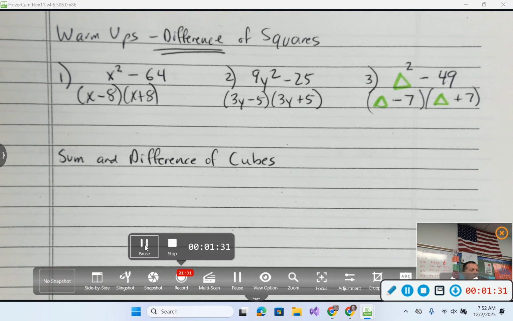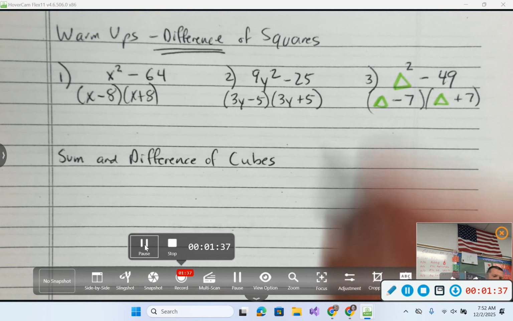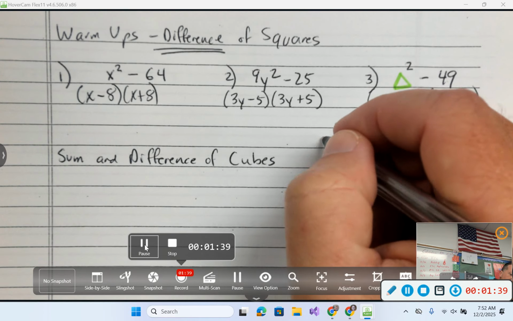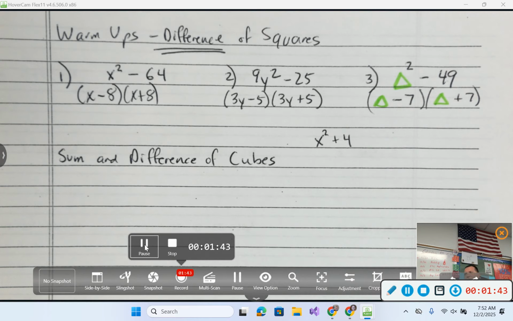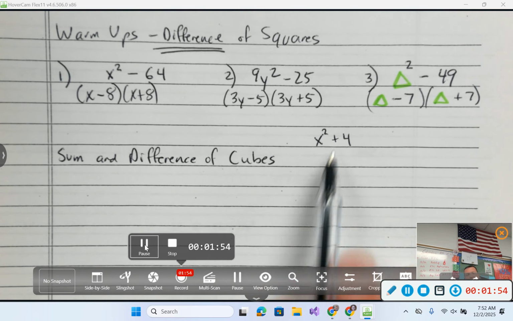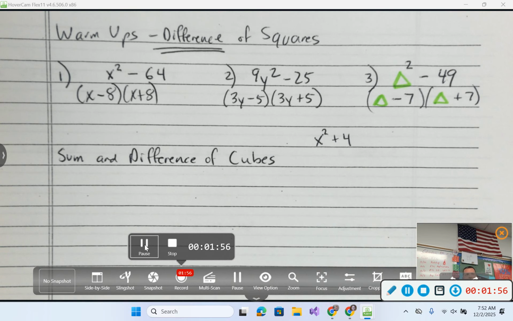Difference of squares. Do you remember how to factor a sum of squares? That's kind of a trick question. How do I factor x squared plus 4? It's a trick question. Well, if you do x plus 2, x minus 2, you end up with x squared minus 4. You can't do it, is the short answer.